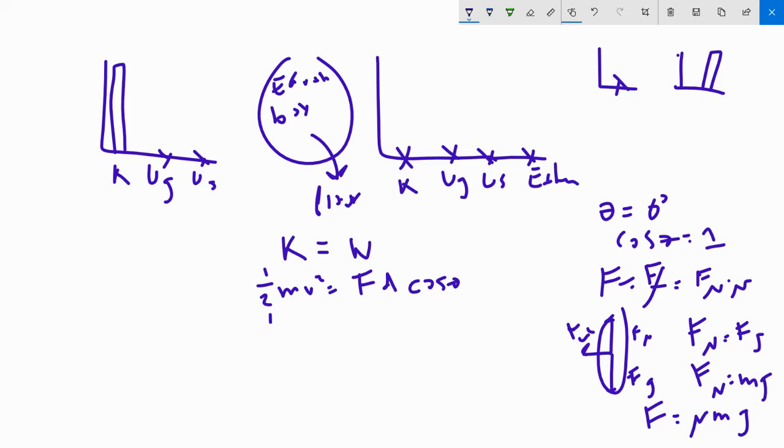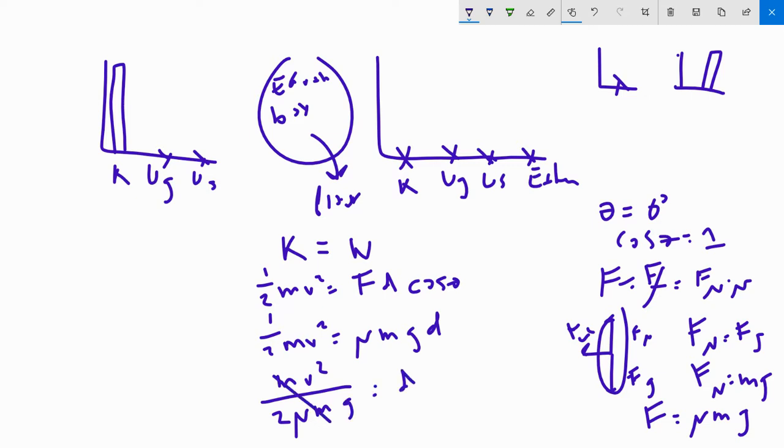Let's go back and clean this up. 1/2 mv squared is equal to mu mg d. We're trying to find d. We are looking for that distance. So algebraically, let's solve for d. So that means it's going to end up being mv squared divided by 2 mu mg, and that equals d.